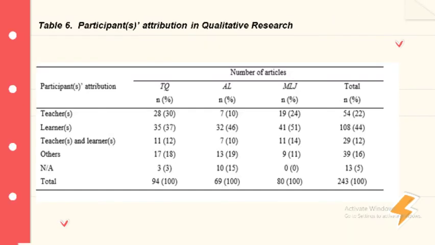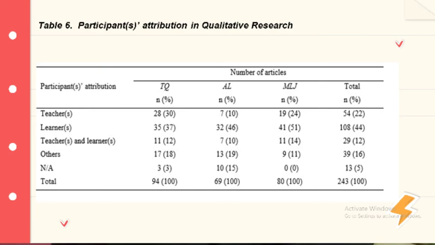And for table 6, participants' contribution in qualitative research. Table 6 shows the participant attribution in qualitative research. Out of 126 qualitative research papers in 191, or 79%, concern one or both the teachers and learners as participants.